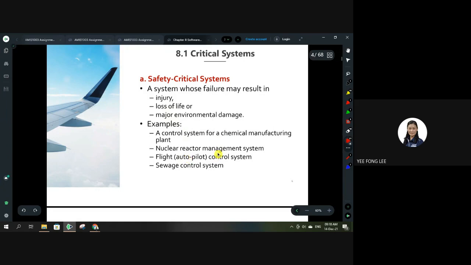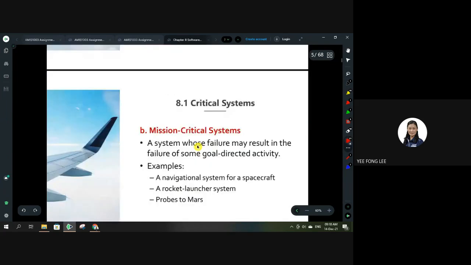Weapon and nuclear systems are also examples here. This is important because any failure of this system might cause not only injury, but also harm to the person or damage to the environment.